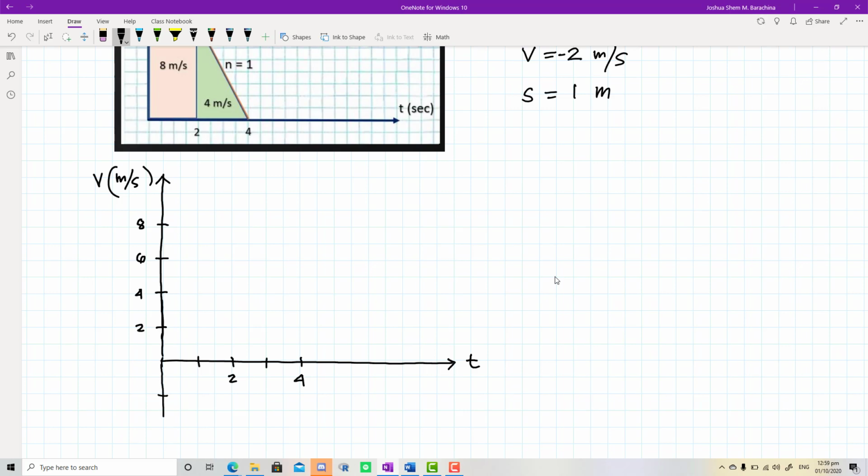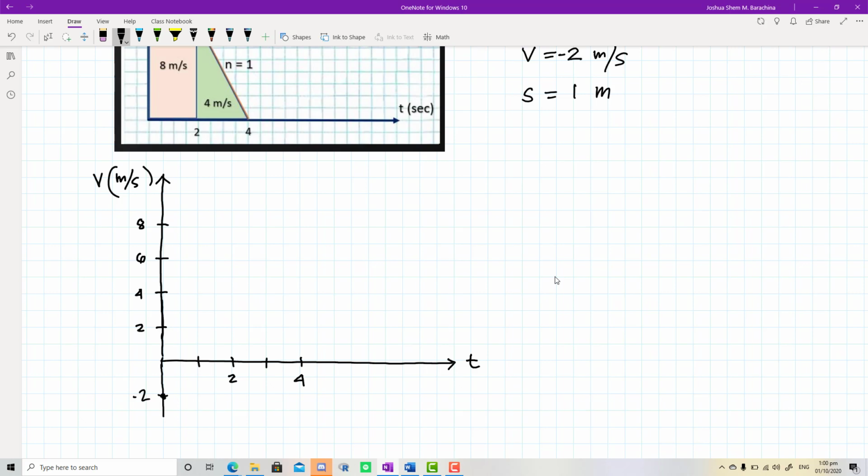Kasi yung condition natin, at time is equal to 0, this is your time equal to 0. Your velocity is negative 2 meters per second. So we will start here. Okay?